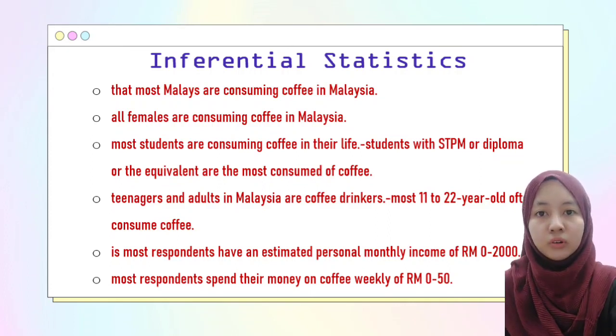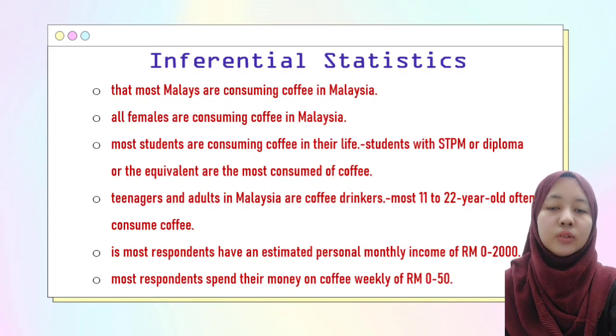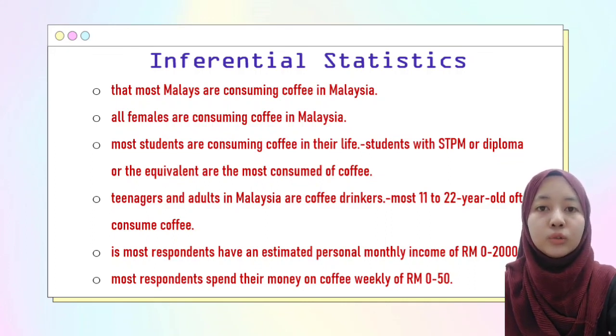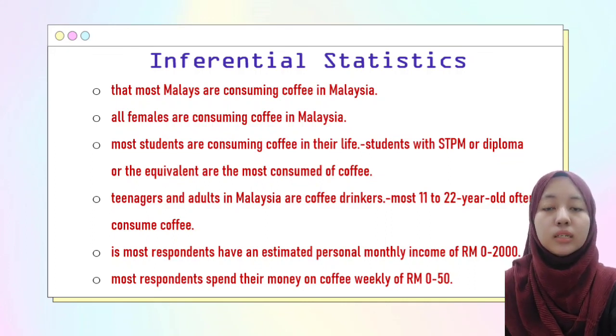The greatest vote for age is 152, which is 11 to 22 years old. The least vote for age is 4, which is 35 to 46 and 47 to 58 years old. A possible inference drawn from the study is most 11 to 22 years old often consume coffee.